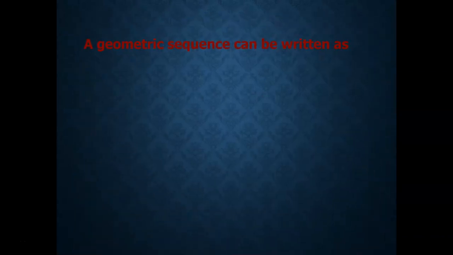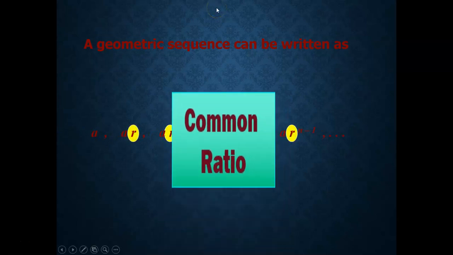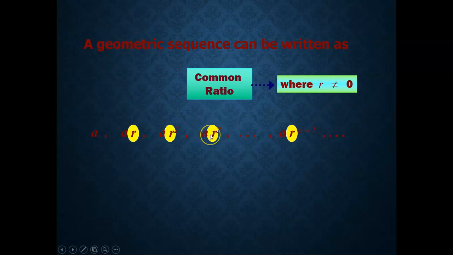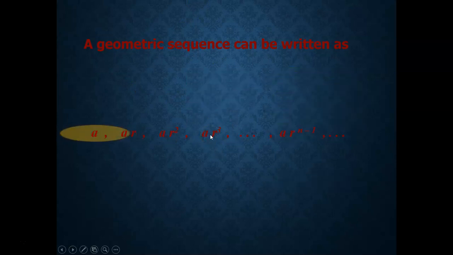A geometric sequence can be written as a, a times r, ar squared, ar cubed, and so on, up until ar to the power n minus 1.